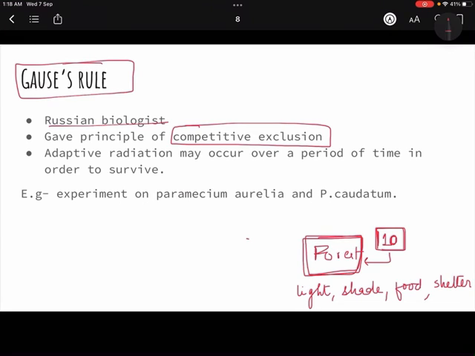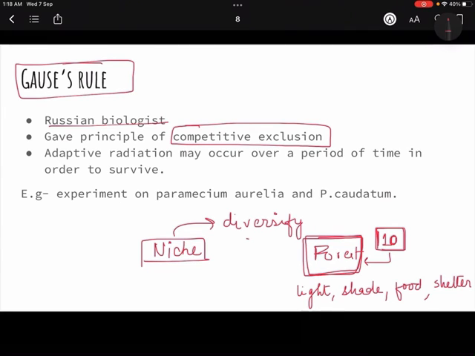So if they have to survive, either they will have to change their niche, that is their functional role. They will have to diversify into different eco niches, so that they do not overlap each other. They're not competing for similar food, same place to live, shade, light, everything. Either they do this or they compete within each other and die and do not survive. So this is competitive exclusion.